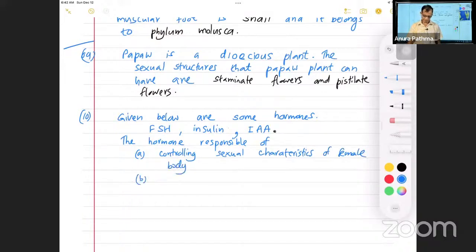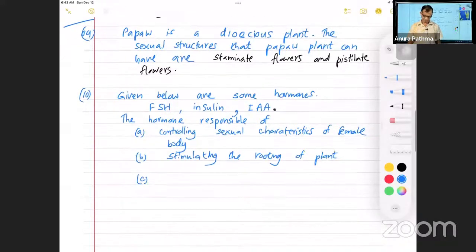B, stimulating the rooting of a plant. C, regulating blood sugar level.